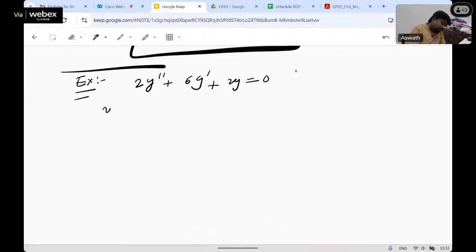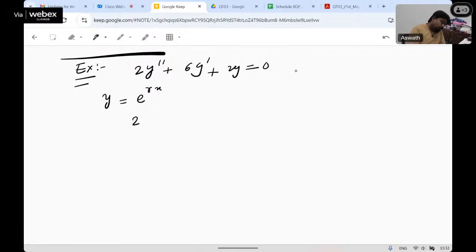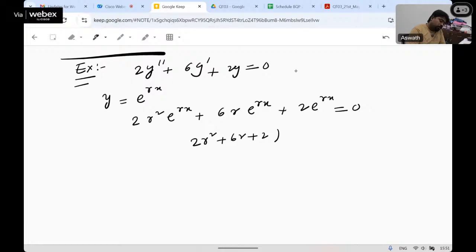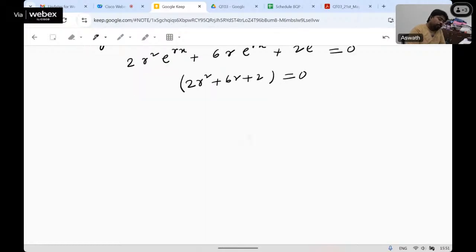Let's start with the substitution exponential rx. What you get is 2 r square exponential rx plus 6 r exponential rx plus 2 exponential rx, which implies 2r square plus 6r plus 2 is equal to 0.